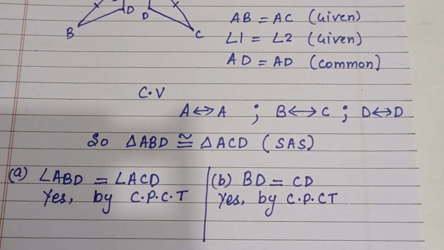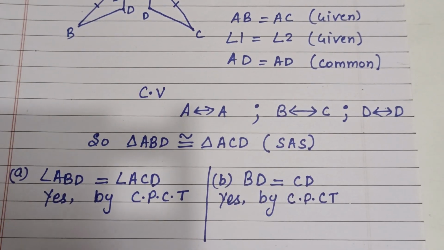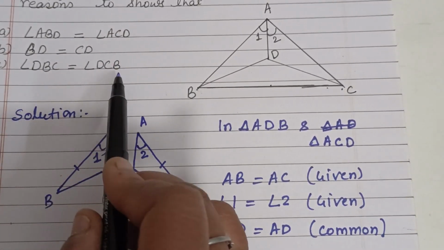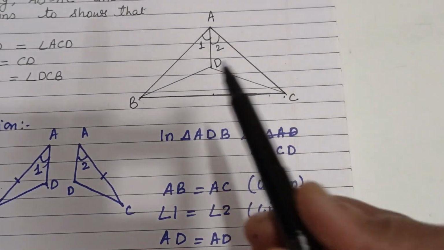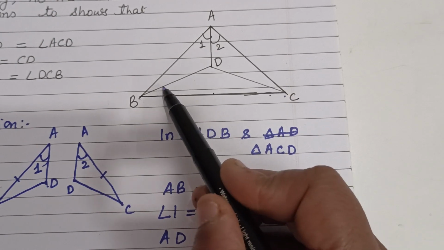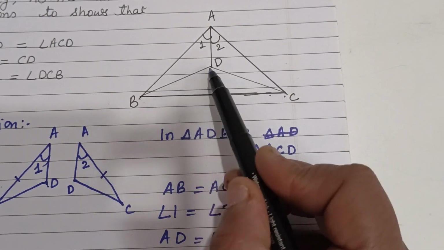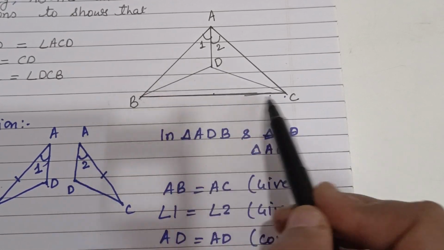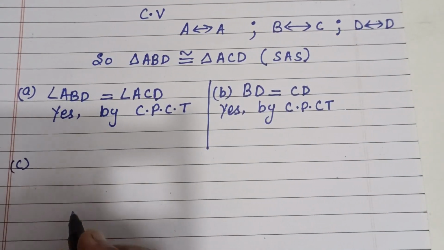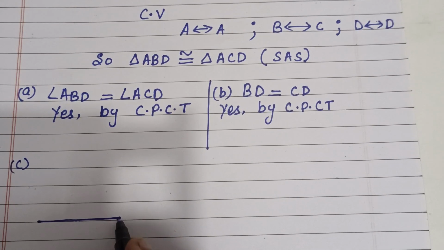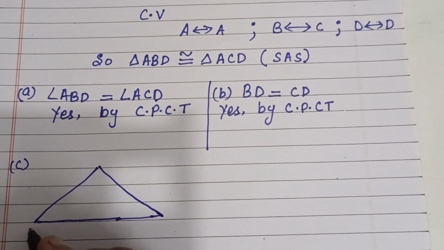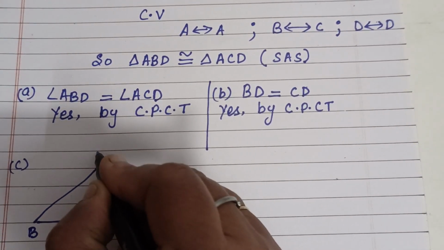Okay. Now the third thing they are asking is angle DBC equals angle DCB. Now here we can see that angle DBC and angle DCB are parts of the triangle DBC. So we are going to remake the third triangle, that is DBC.